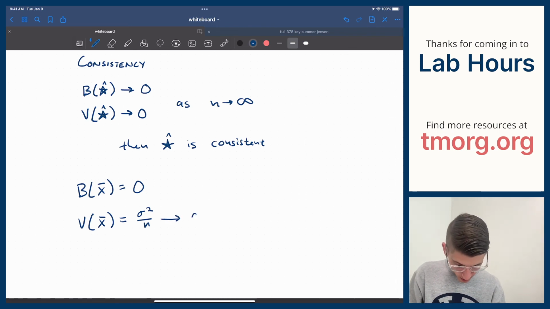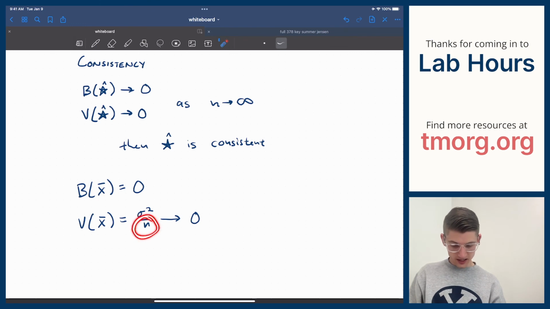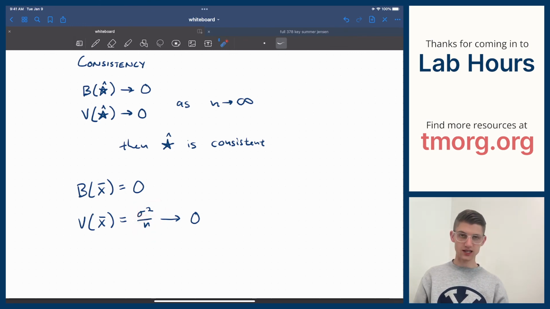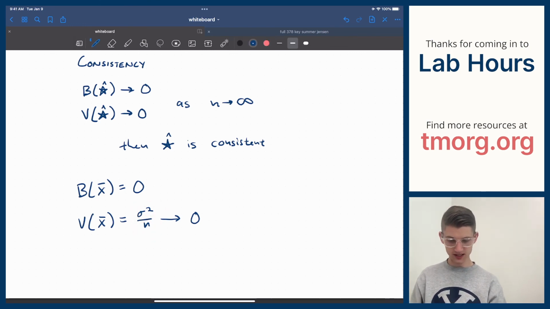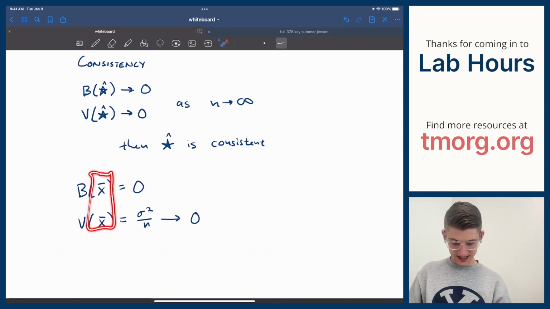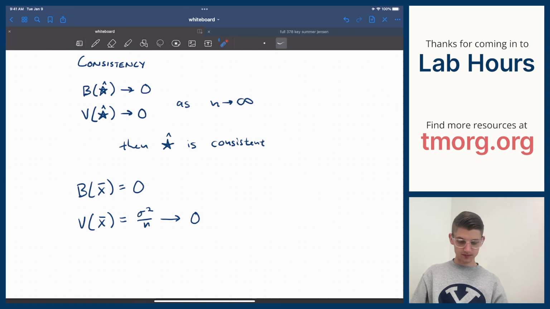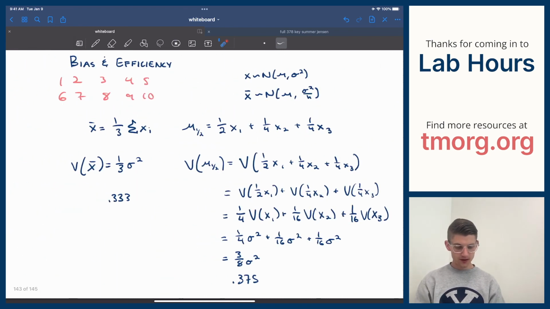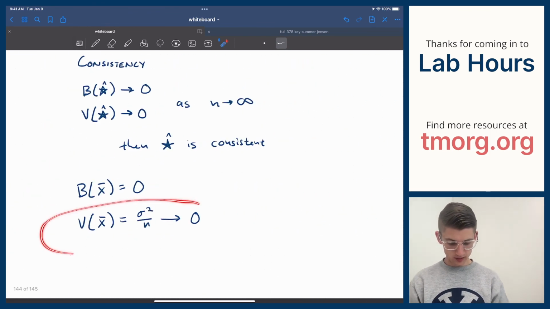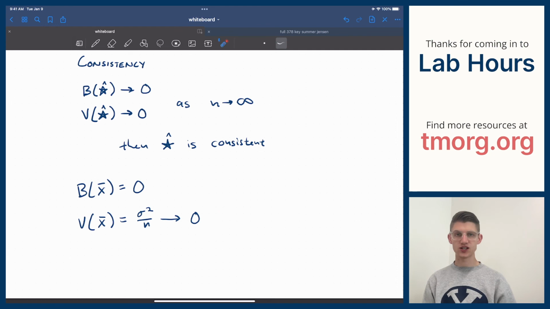Well, it approaches 0 because this denominator is going to get super huge and sigma squared is never going to change, right? It'll become a constant. So x bar is a consistent estimator. Super cool stuff. Now, if we were only ever allowed to get 3 observations, right, this wouldn't make any sense. Variance could never approach 0, okay?